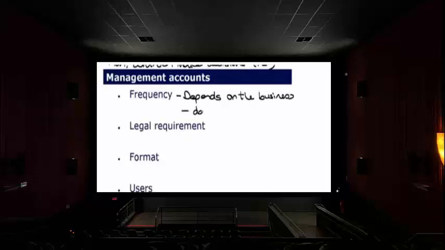Could be daily, weekly, monthly, quarterly, half yearly, annually. It depends. It depends on the sort of business. It depends on what management need to help them plan, control and make decisions.